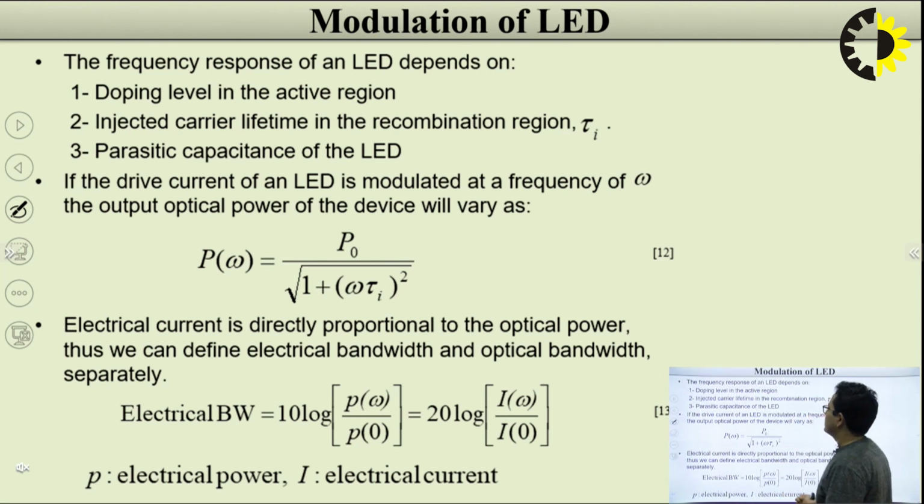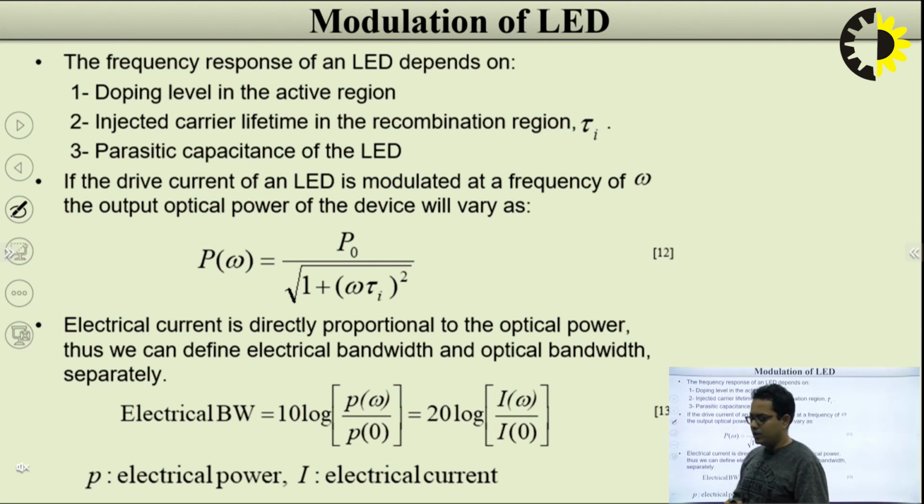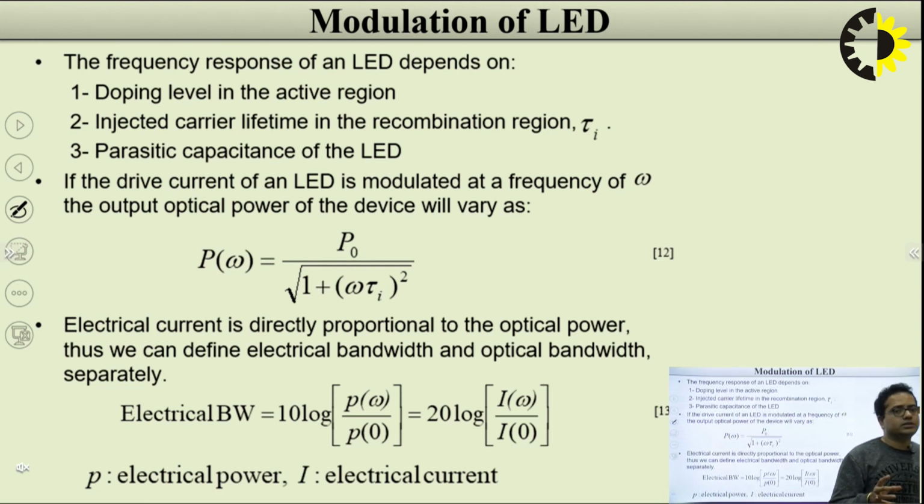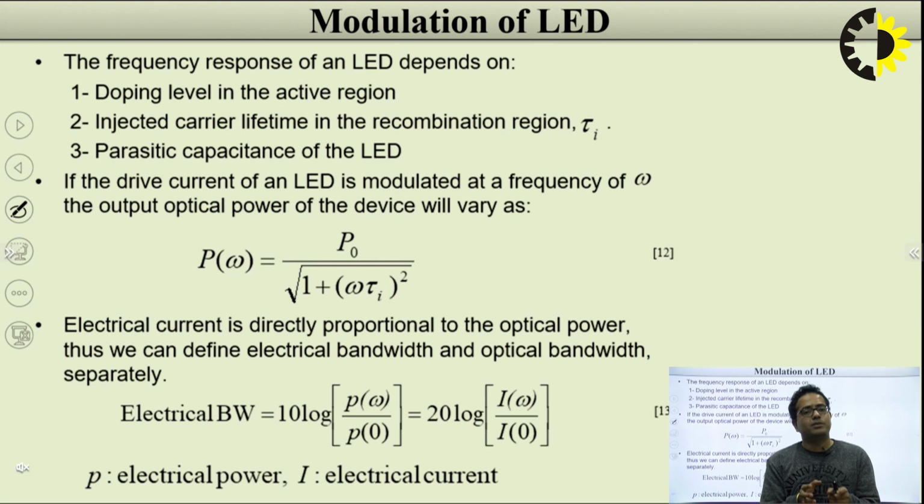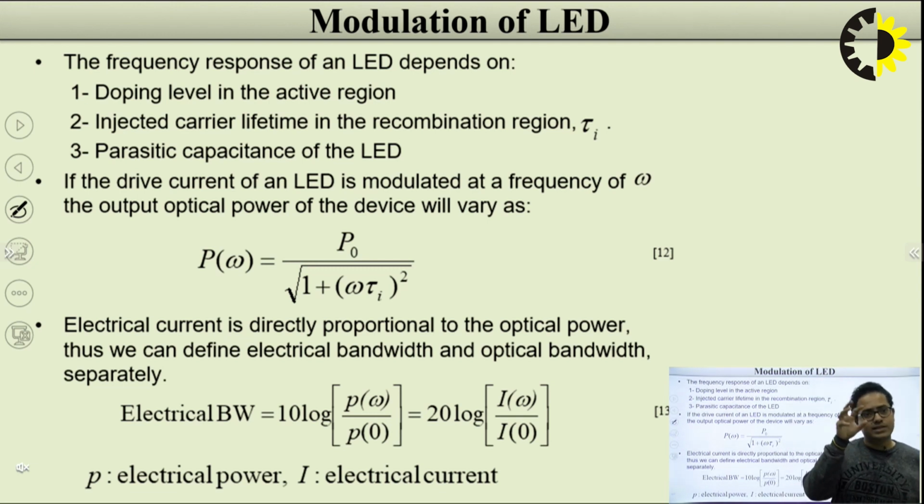The three different criteria are, first, the doping level in the active region. If we dope that active region, that is the depletion region, very high, the carrier density will be maximum in that region. If you dope it very low, the carrier density inside that depletion region will be very less.